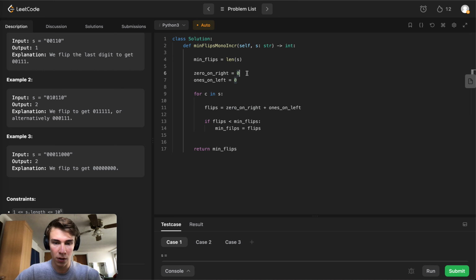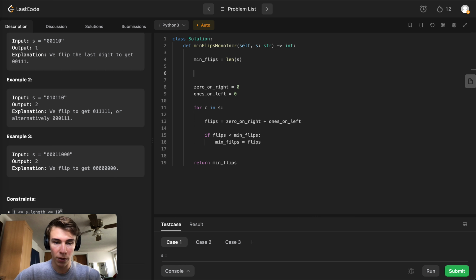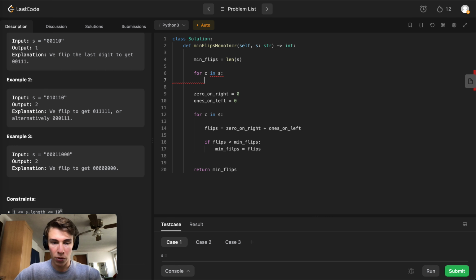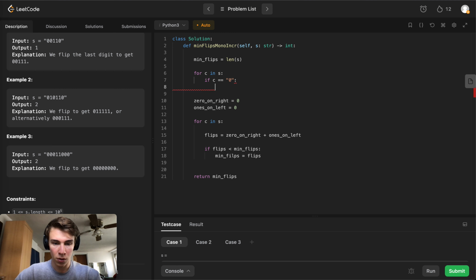At this point, we have to also initialize zeros on the right to a specific number. There could be some fancy Pythonic way of doing this with string operations, but we're just going to do it the regular way. If c is equal to 0, I'm going to say zeros on the right plus 1.